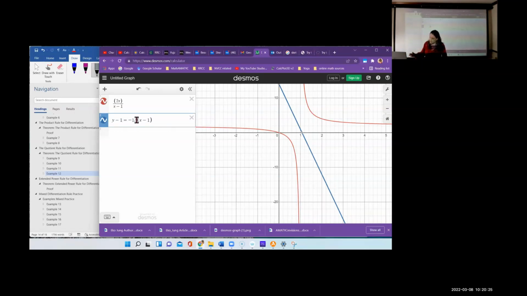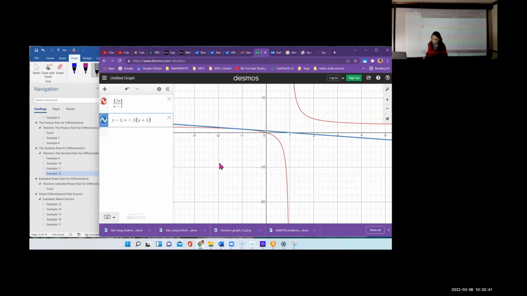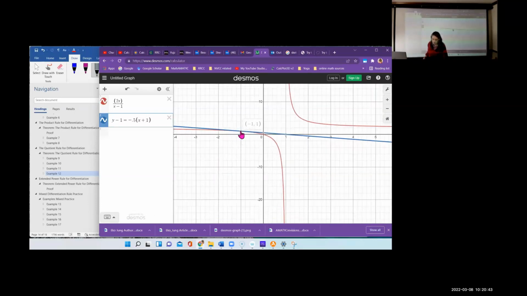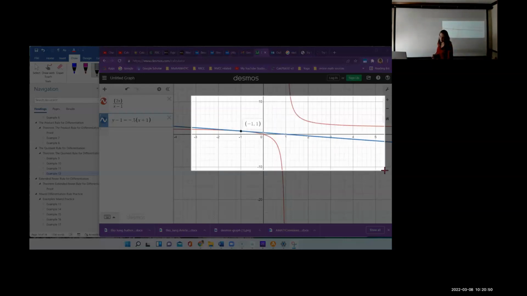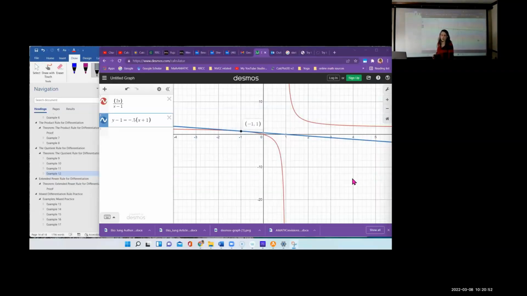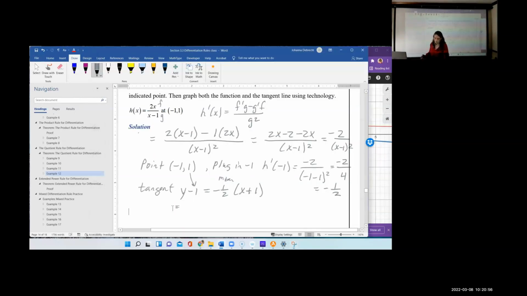My slope is a -1/2, which I can write as 0.5 x plus 1. All right. And there it is right there. And you can see that it's tangent right there at the point -1, 1. And I can take a photograph of it and then paste it into my work.